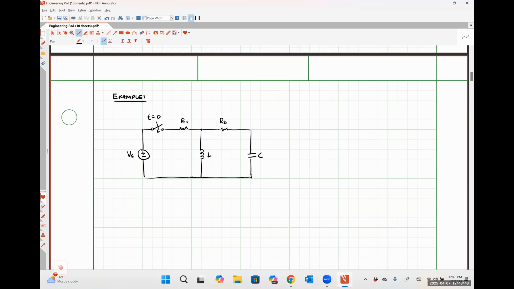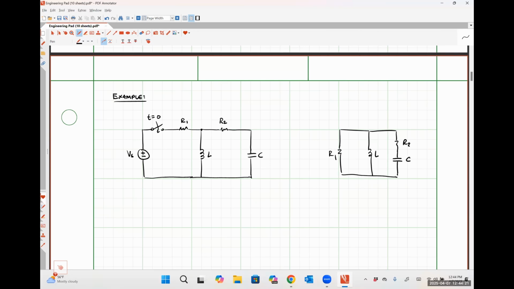So this is an example of a circuit that isn't going to be a parallel RLC circuit or a series RLC circuit. We can see that it's pretty close, but during the transient condition with my source off, my circuit essentially looks like this. So here's R1, here's my inductor, and then here's R2 and my capacitor.